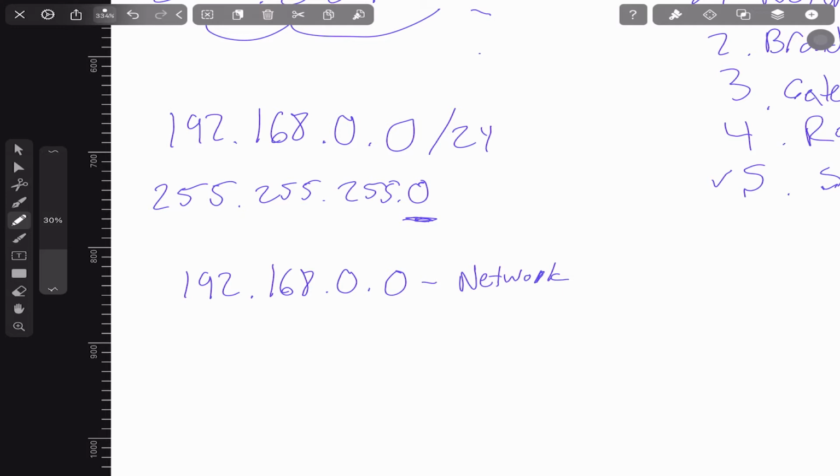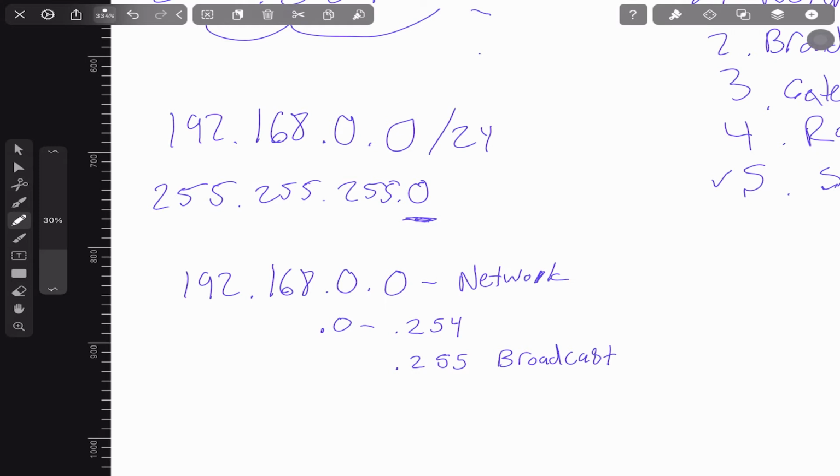Now, the router address is just going to be the first address that you can actually use in your usable range. So technically, we can use up to 254, and we can only use up to 254 because .255 is going to be what's called our broadcast address.